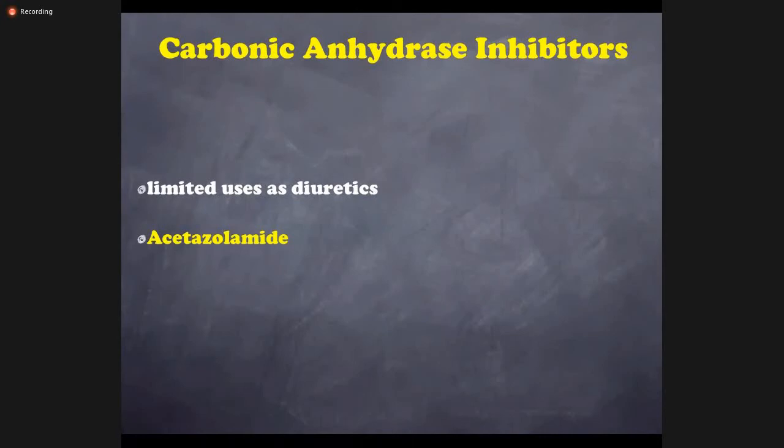In the previous lecture, I told you the most potent, most efficacious diuretic is the loop diuretic. Among the five groups, which one is the weakest? Carbonic anhydrase inhibitors. The important example of this group is acetazolamide.